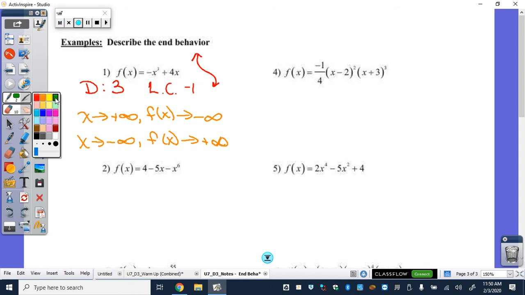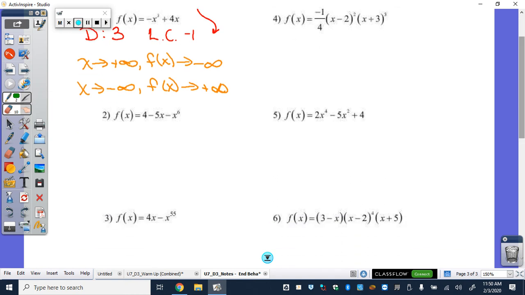All right, so let's go to the second one, right below it. We're going to do the left side, and then I'm going to have you try the right side. So number 2 is not in correct standard form. I recommend rewriting it in standard form so that you can figure out your degree and your leading coefficient. So it should be negative x to the 6th minus 5x plus 4. So our degree is what? 6.